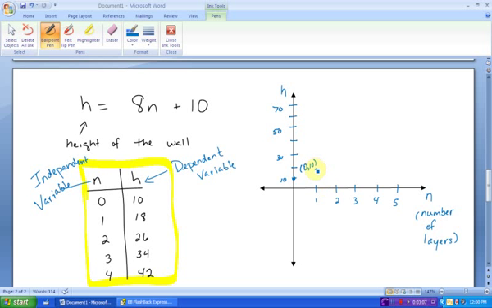At 2, it was 26. At 3, it was 34. At 4, it was 42. Okay, so you can see that, and it's going to keep going. And this isn't exactly a straight line because, as I have said, and will continue to say, I can't draw.